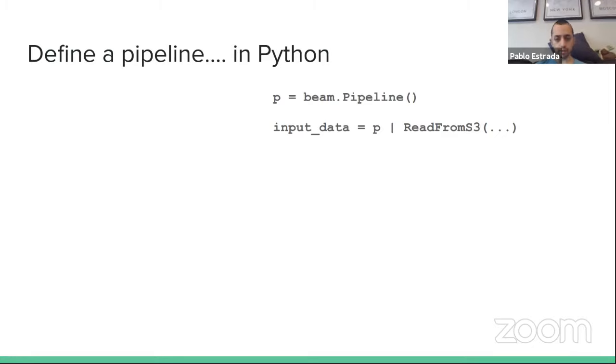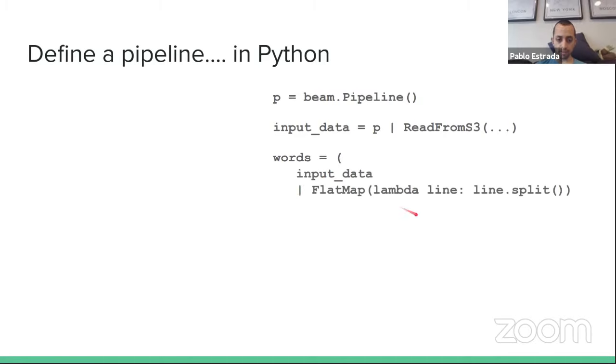Now, once we have the lines in each file, we can take that collection of lines and we can apply some analysis to it. And so let's just go with the simplest analysis. Let's count how many times each word appears, right? And because we have lines in a file, we want to first get the PCollection of all the words, right? So we take this input data and we apply another operation.